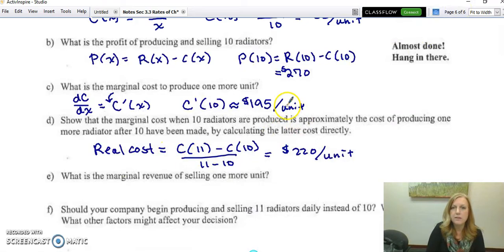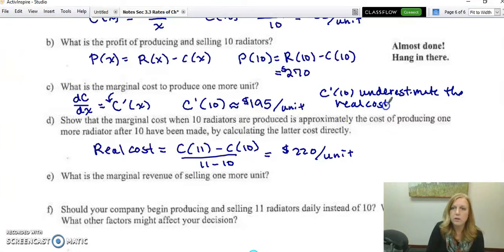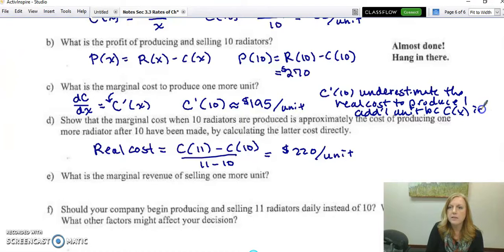So this idea of, is this a good estimate? Well, it's a fairly good estimate. This is an underestimate. C prime of 10 is going to underestimate the real cost to produce one more additional unit, because C of x is concave up, so the tangent line is below.